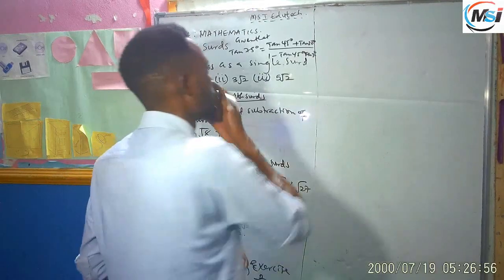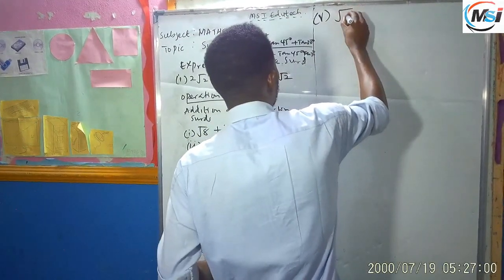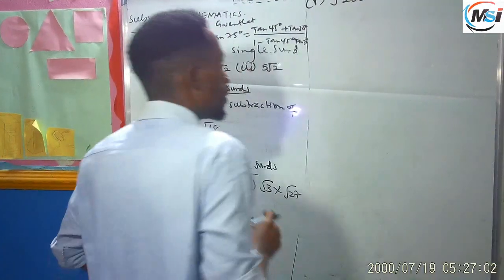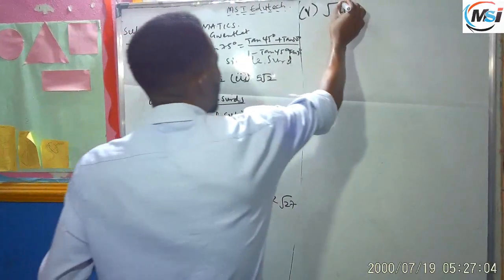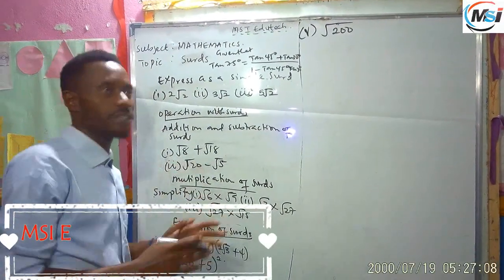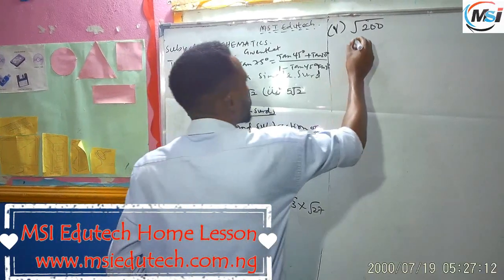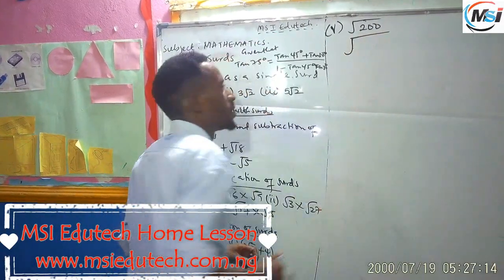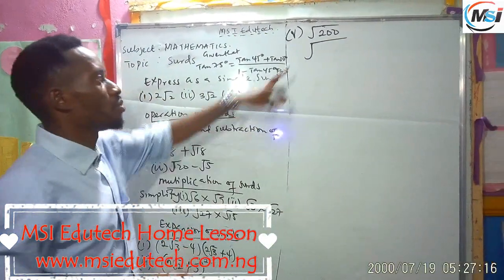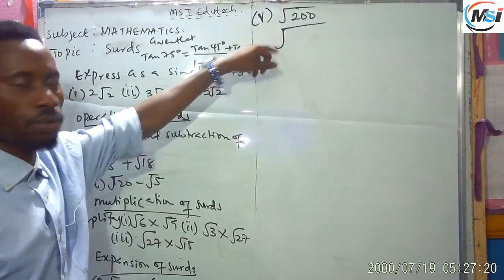Alright, our next question is number 5, which is root 200. You have to split this into one rational number and one irrational number. The easiest way to do this is to split 200 into 100 times 2.